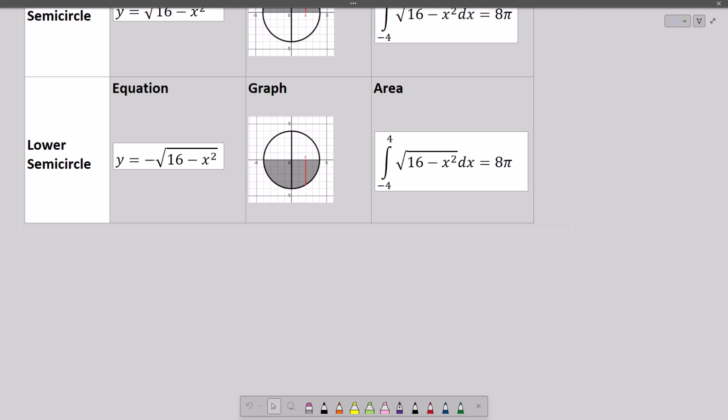So the curve down here is this negative square root. The curve up top is 0, so it's 0 minus square root, which is what makes it positive. If you're trying to find the area here, it's the area between two curves. It's the area between that lower semicircle and the upper curve of y equals 0.